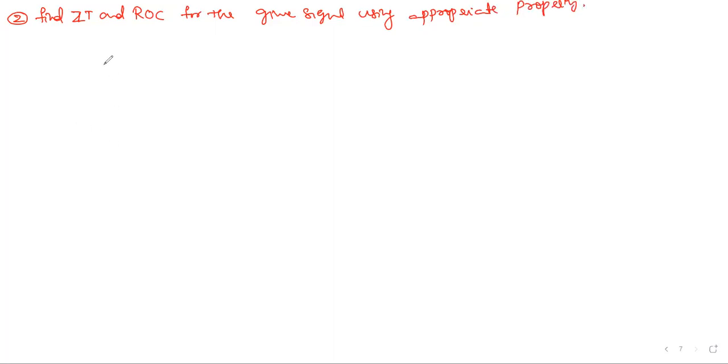So x of n is equal to (minus 1 by 3) whole power n u of minus n minus 1. So this is the question.